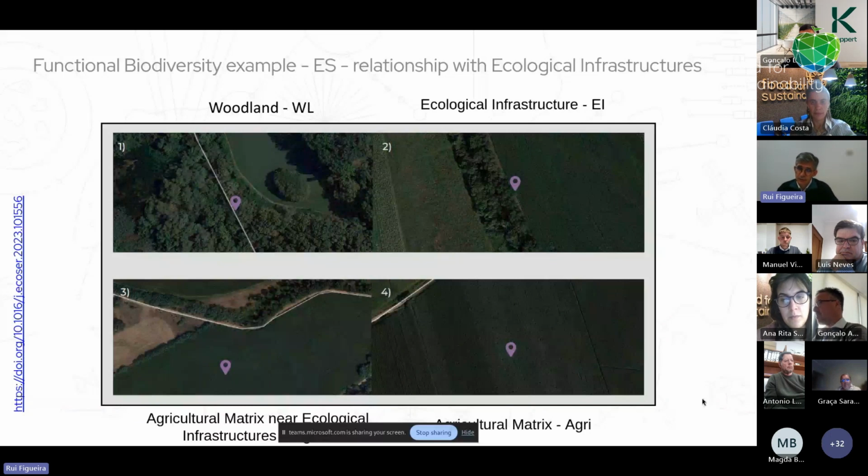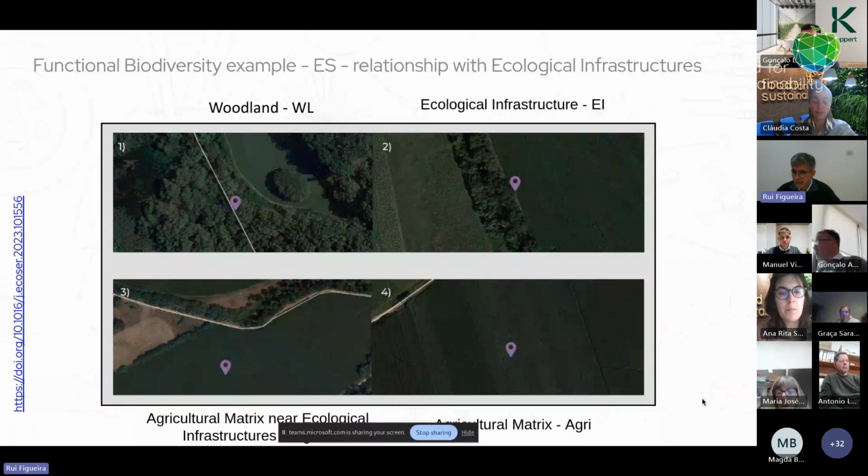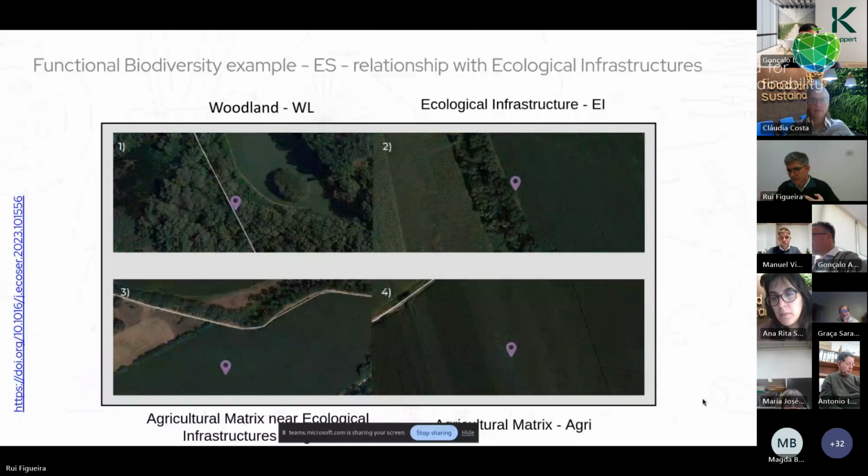But for that, we wanted to see not only how birds can help in controlling pests developed by insects, but we wanted to see if we have a change in the habitats where these bird communities are, do we see the same ecosystem services in this pest control, or do we see changes that help us to understand the change in habitat in relation to the services developed?